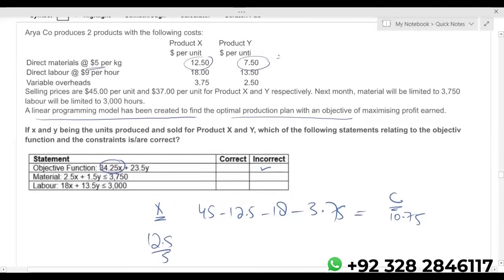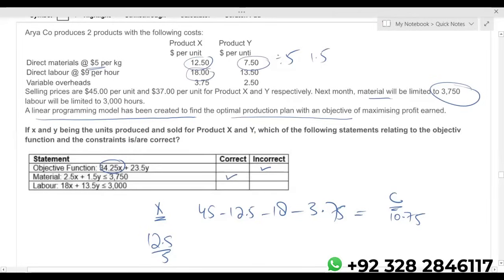Okay, 7.5 divided by 5, I'm getting 1.5. So far it is correct. How many kgs are available? Okay, material will be limited to 3750. This one is correct.